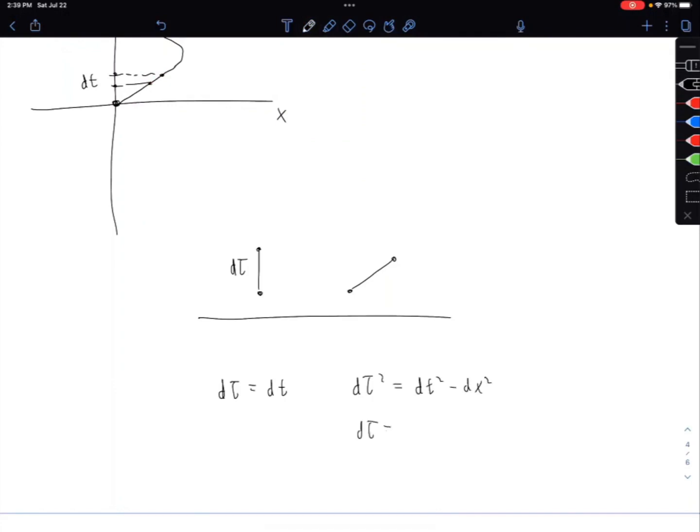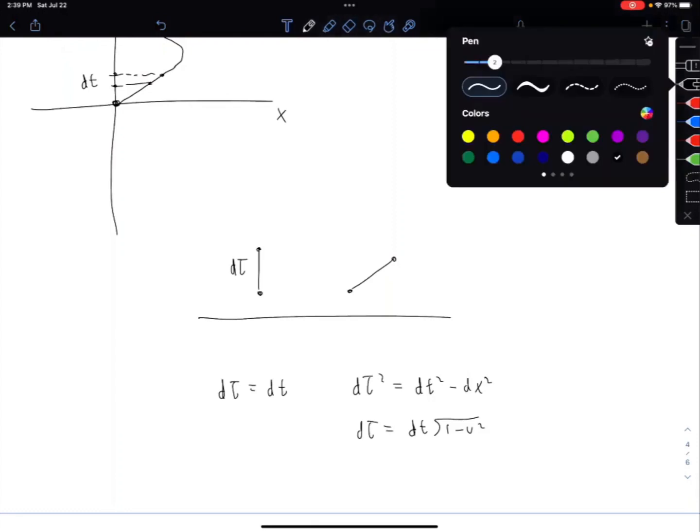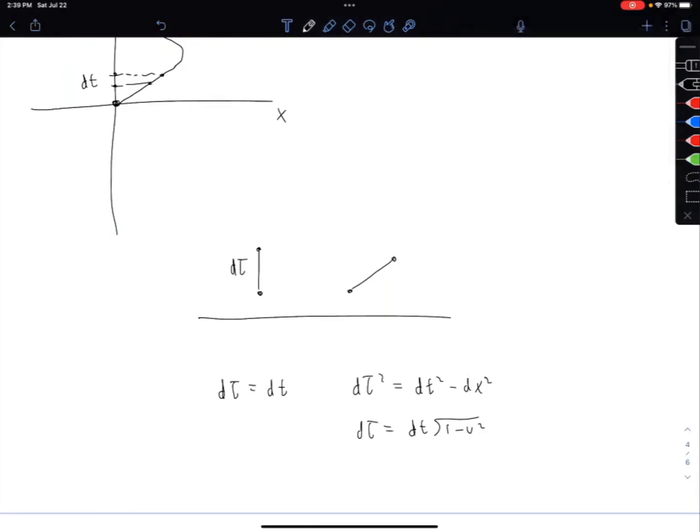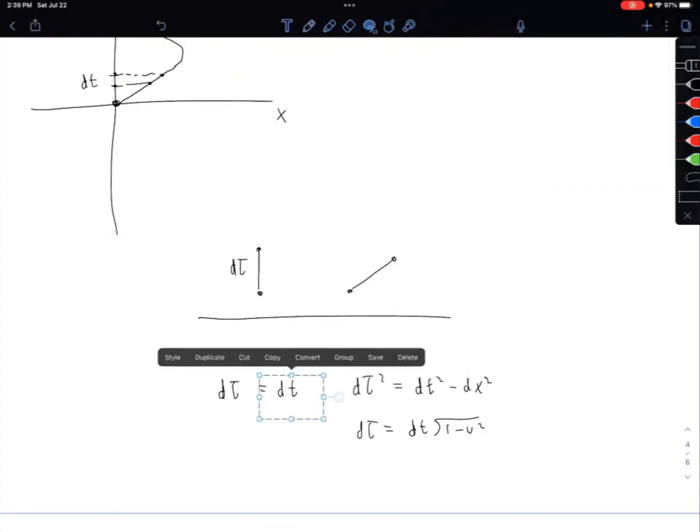So that means that dτ is going to be dt times the square root of 1 minus v². Maybe I should put some subscripts on this so that you know I'm talking about different things. This dτ is for the Earth twin, and this is for the rocket twin.